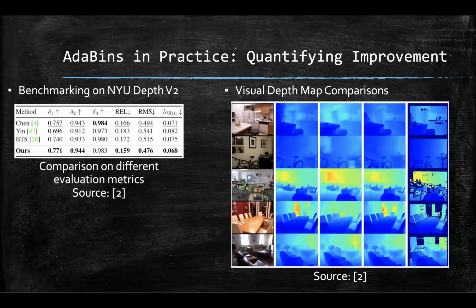Qualitatively, visual comparison of depth maps reveals that AdaBins can capture depth information with higher fidelity and faithfulness. Edges are more distinct, object boundaries are clearer, and gradual depth changes are more smoothly represented. You can see that here, this is the ground truth, and this is the AdaBins model, and these are some state of the art at that time. I forgot the names of those models.